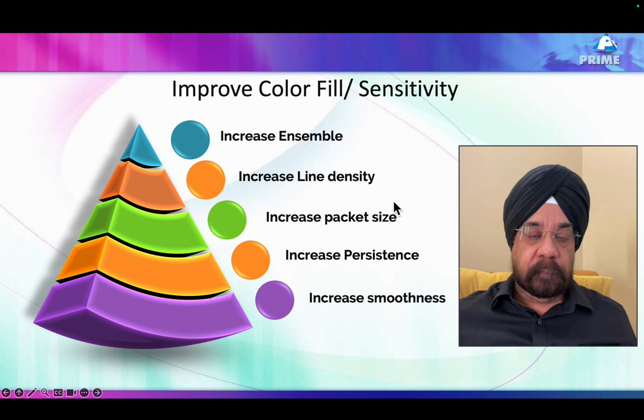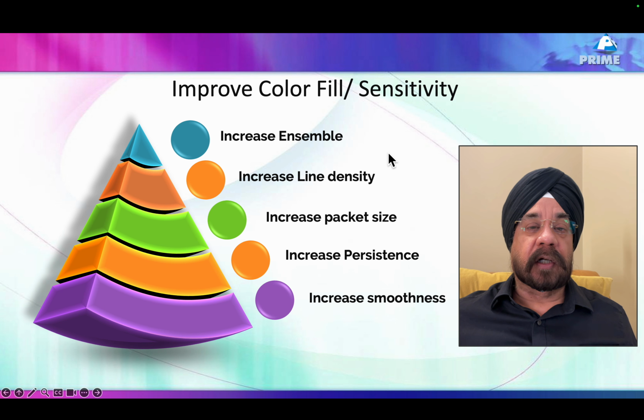So I would post a separate lecture on that. But you should know what all things are there. You can increase the ensemble, the line density and packet size. All these tend to improve the sensitivity, obviously at the cost of the frame rate. If you increase all these things, the frame rate is going to drop. And how are you going to improve the frame rate? Just make the box as small as possible.